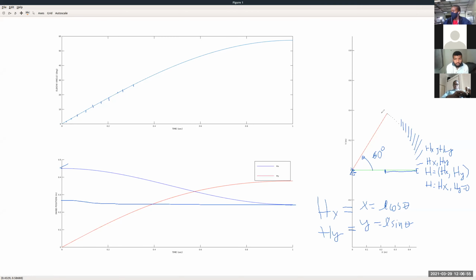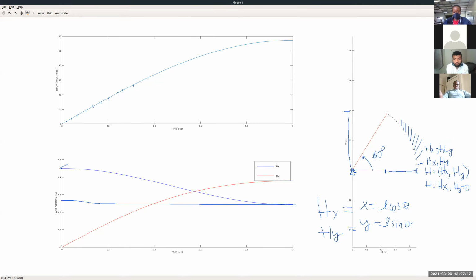Okay, now with respect to the Y-axis, you see your hand X goes from a bigger number to a smaller number. But the Y-axis is starting from 0 because these are the components. 0 up to a certain bigger number. Yeah, it keeps on increasing.